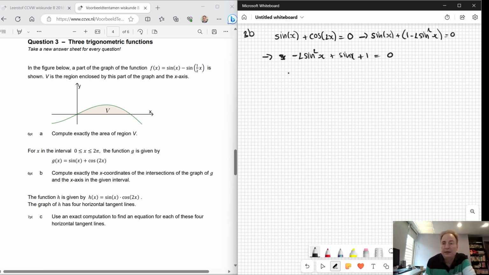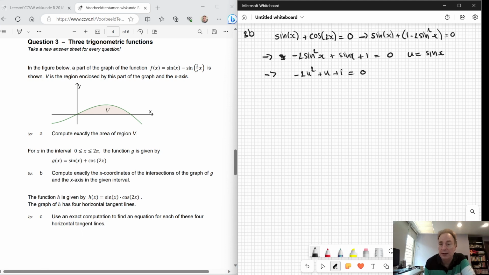And let's see if we can factorize that. Well, let's first define u as the sine of x, and you get minus 2u squared plus u plus 1 equals 0.